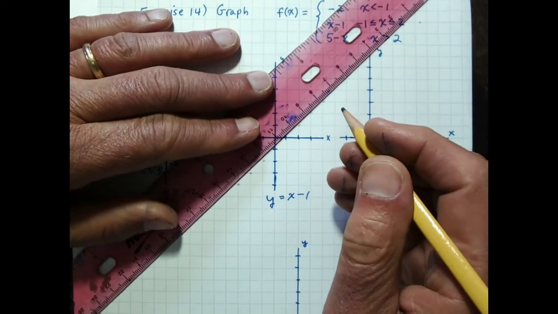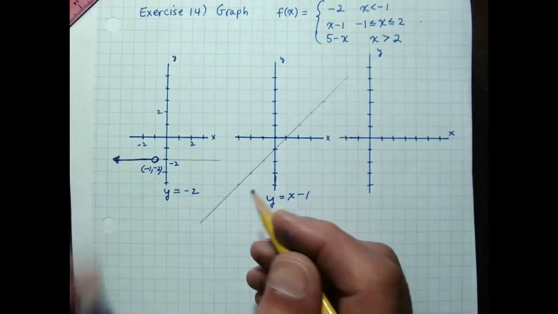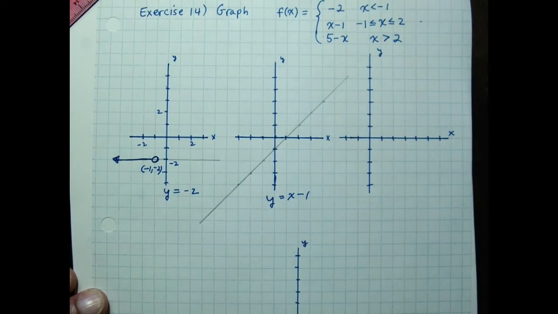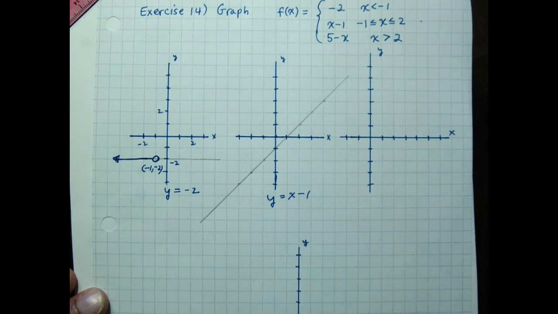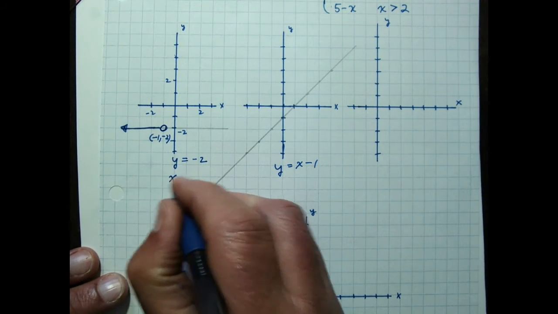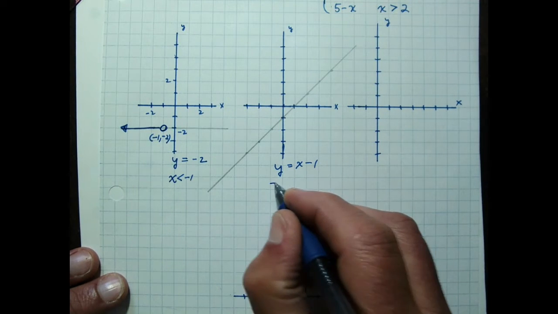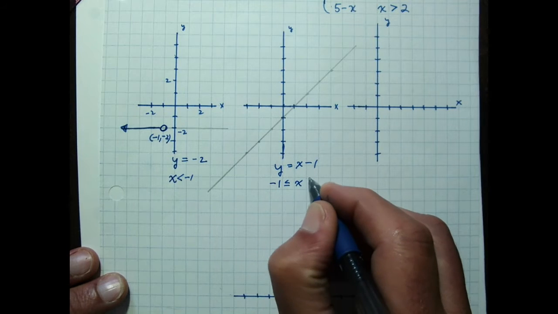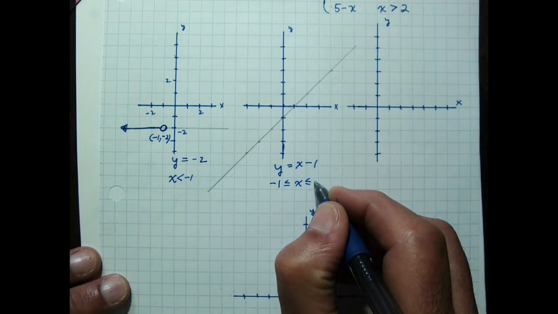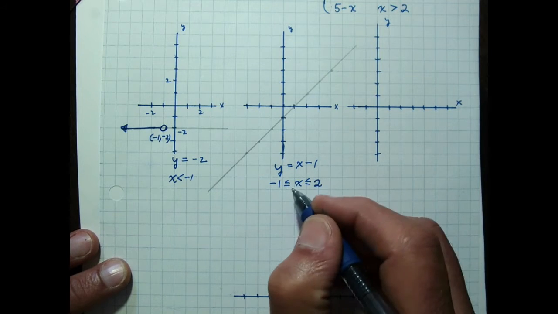So I'm just going to draw that in pencil before I decide what part I want to use. So here, at my y equals -2, below that I want to write x less than -1. Y equals x minus 1. We're taking the piece of that graph between x equals -1 and 2 with the endpoints included.